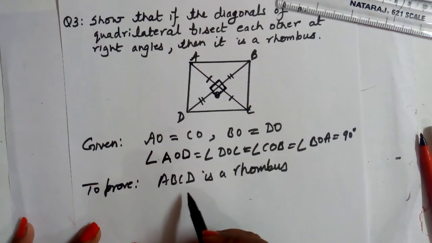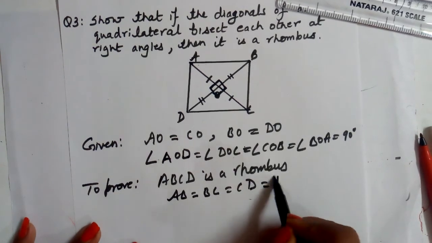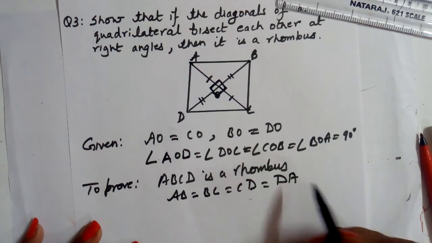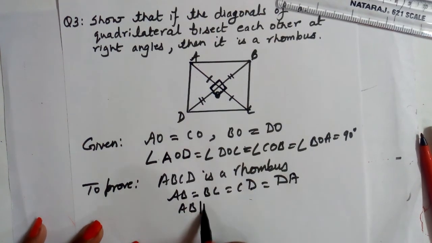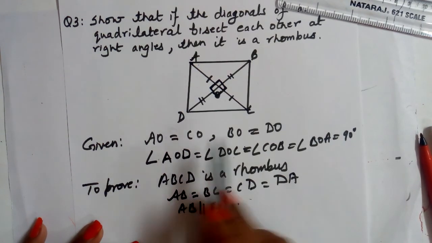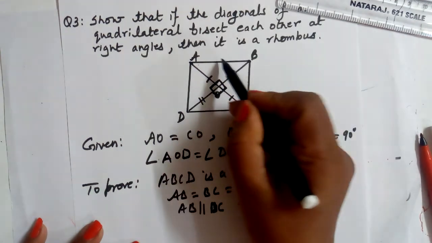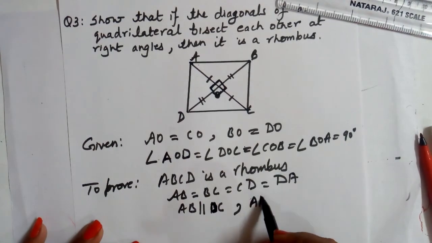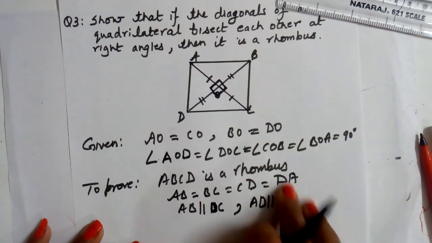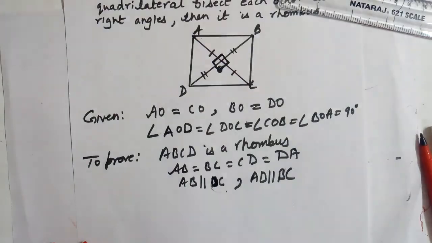It means we need to prove that AB is equal to BC is equal to CD is equal to DA. And AB is parallel to DC and AD is parallel to BC.